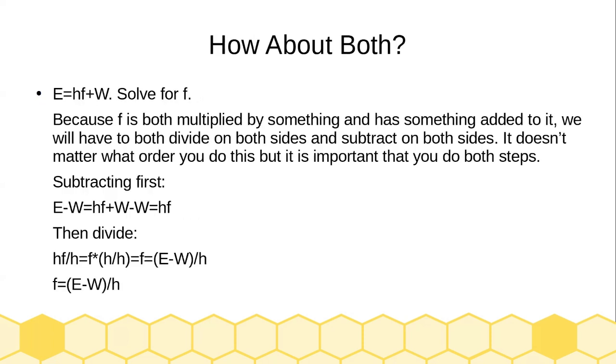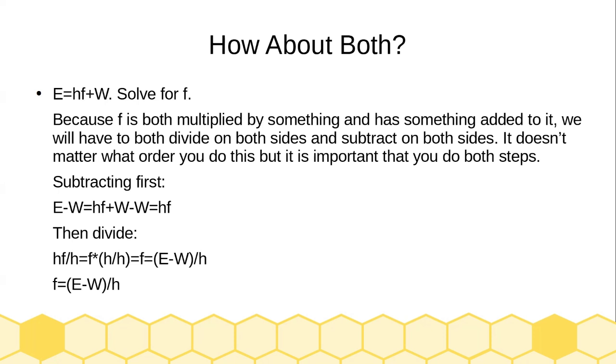So how about both? If E equals hf plus W, solve for f. What we are doing here is, I think, much more complicated than anything that I will ask you to do, but it is something that I might do myself when deriving something in the lecture.